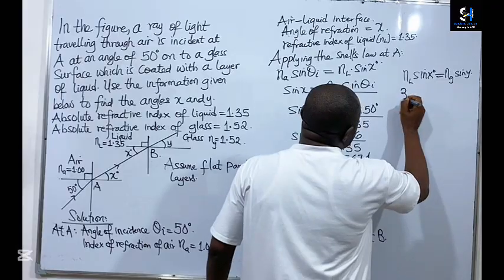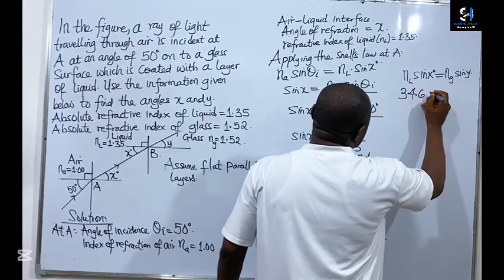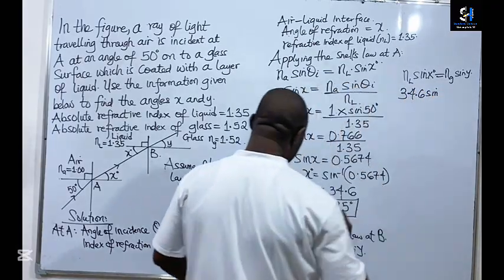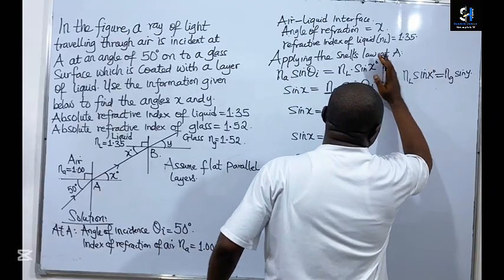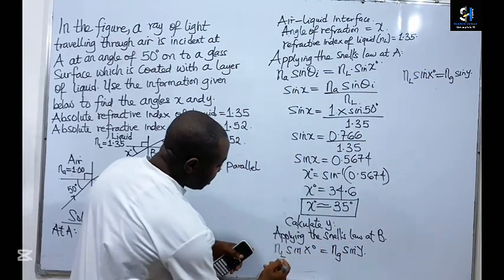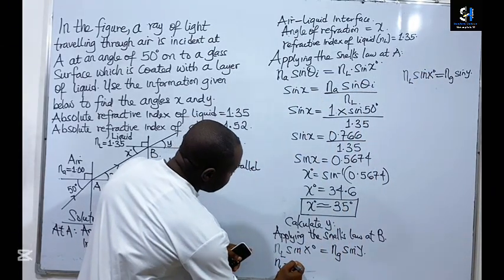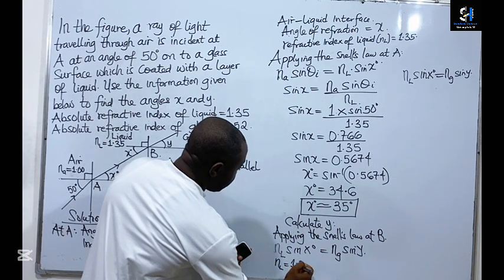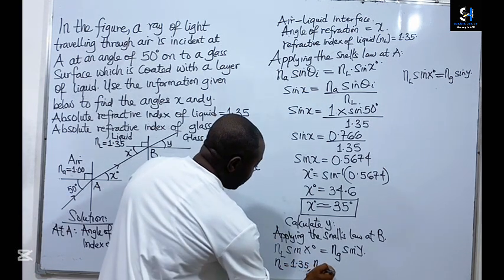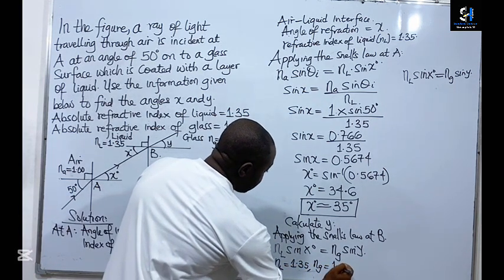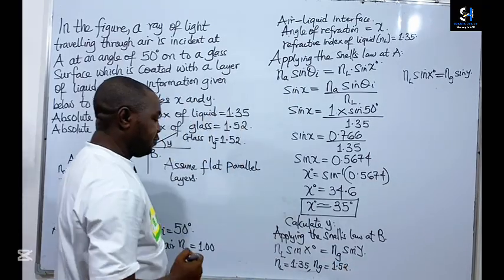So with 34.6, the index of refraction of the liquid is 1.35, and the index of refraction of the glass is 1.52.